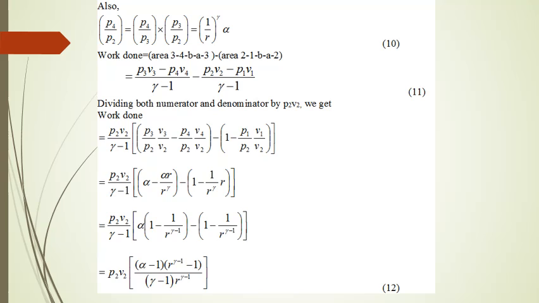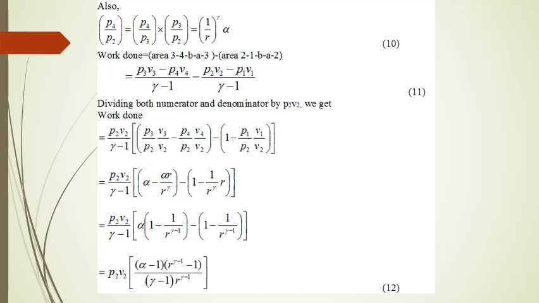So here, if we see this diagram, the area bounded by curve 1, 2, 3, 4, 1, within this curve, is representing the work. So what we are going to do is take the area under the curve 3, 4 minus the area under the curve 1, 2, and that is going to give you the area within the enclosed figure, that is 1, 2, 3, 4, 1.